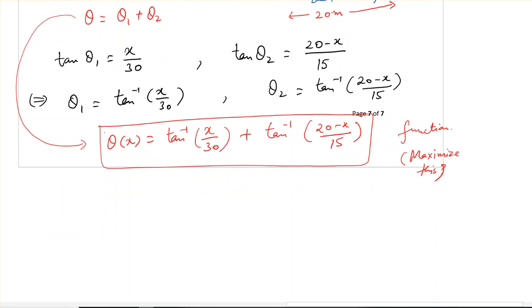So d theta over dx. We need to find d theta over dx for that and set it equal to 0.